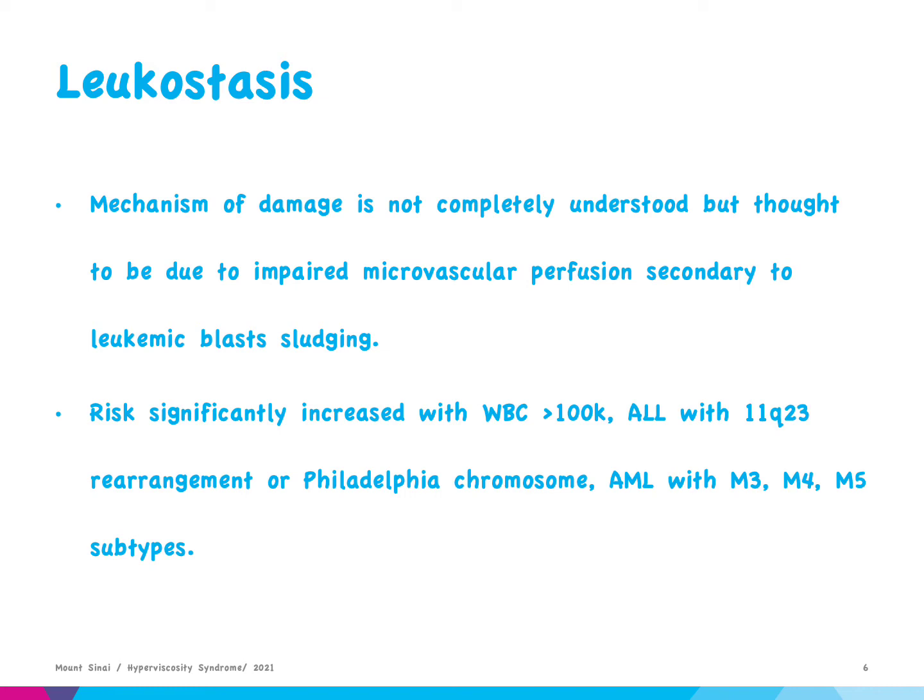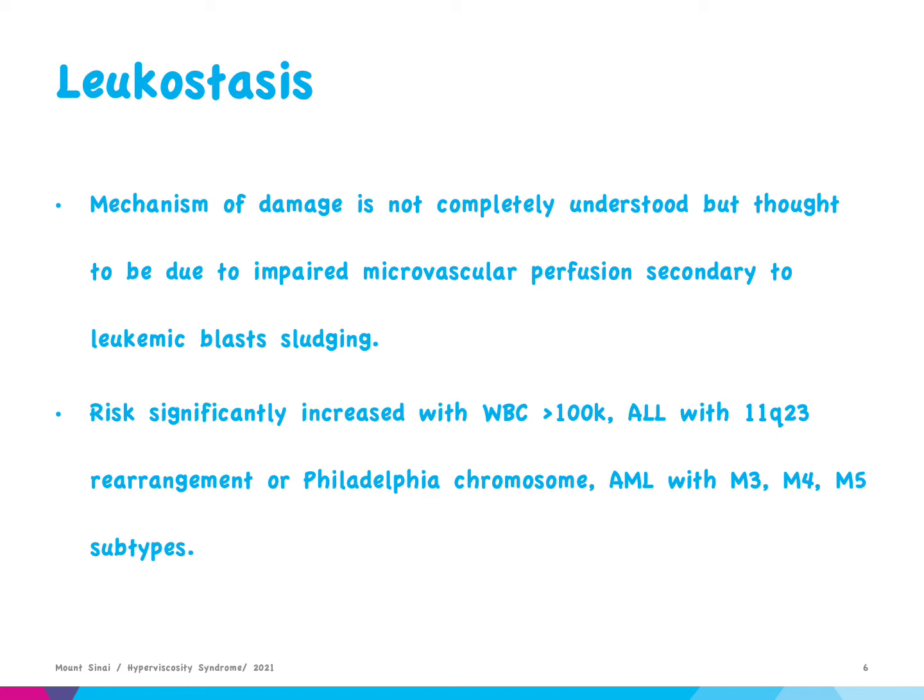Some risk factors associated with an increased risk of leukostasis are, obviously, an increased white blood cell count. Here, like they normally mention, above 100,000. In ALL, you usually require slightly more white blood cells, around 200,000.